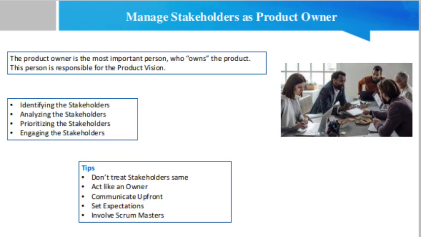This person is responsible for the product vision, is a key decision maker, and is responsible for the ROI, return on investment, of the business, responsible for understanding the end customers and creating the product backlog requirements accordingly, responsible for product backlog management, prioritizing and managing it, responsible for reviewing and checking the potentially shippable product increment deliverable at the end of the sprint, providing feedback to the team at regular intervals to make sure the product development is moving in the right direction, refining the product backlog based on the feedback and changing market needs, and not to forget managing stakeholders.